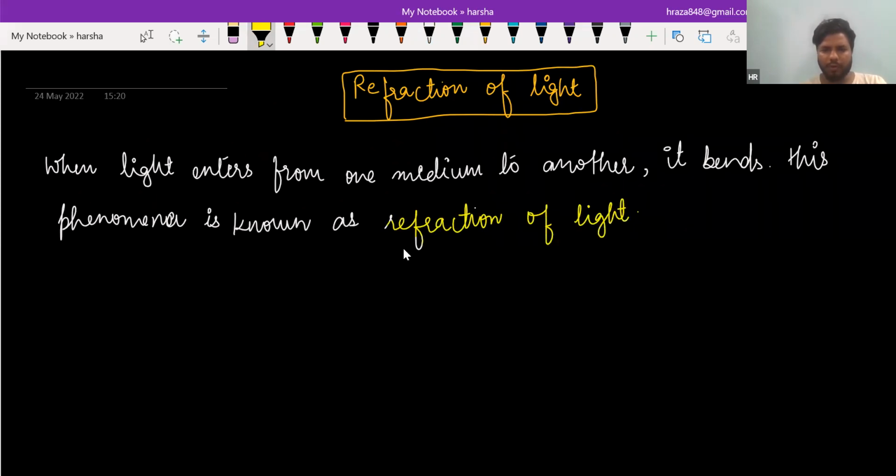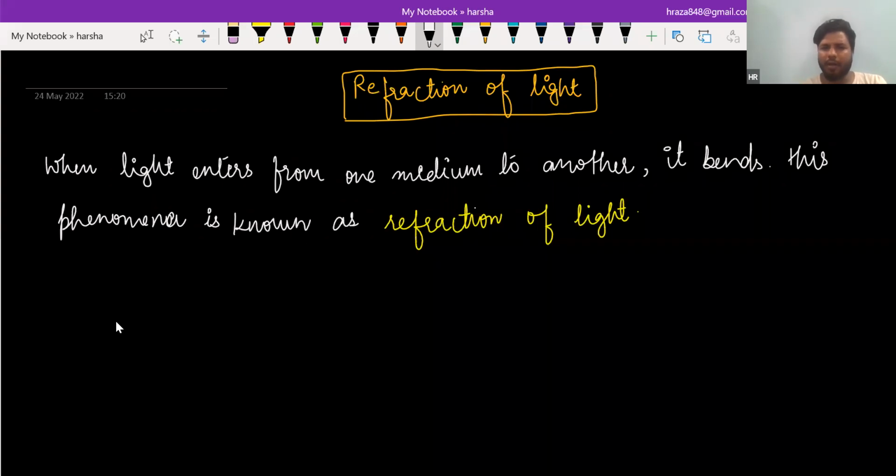So I'm going to represent by a diagram how it bends and why it bends. So basically, light has different speed in different medium. That means light has a speed of 3 into 10 raised to the power 8 meter per second in air or vacuum, or light has a speed of 2.5 into 10 raised to the power 8 meter per second in glass.